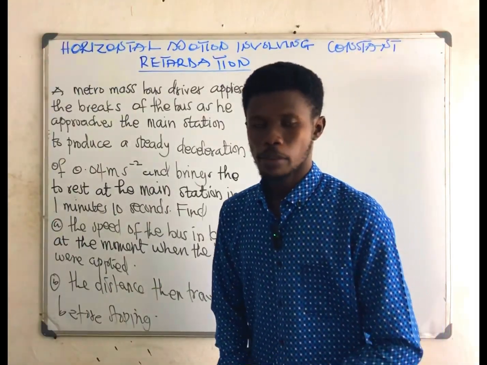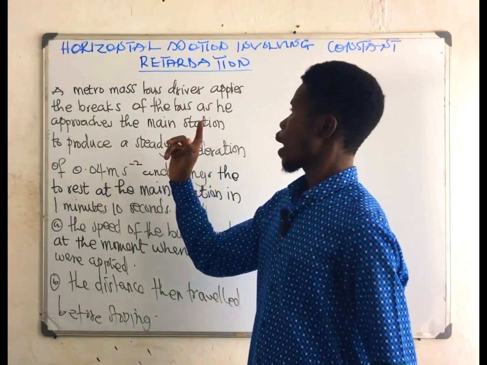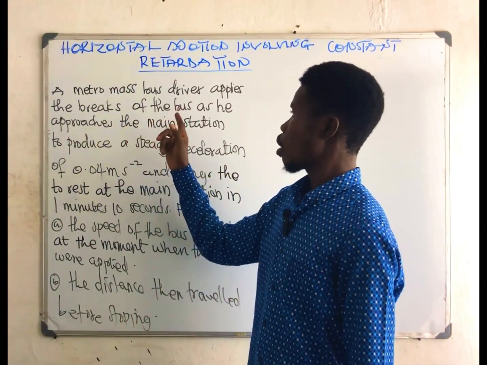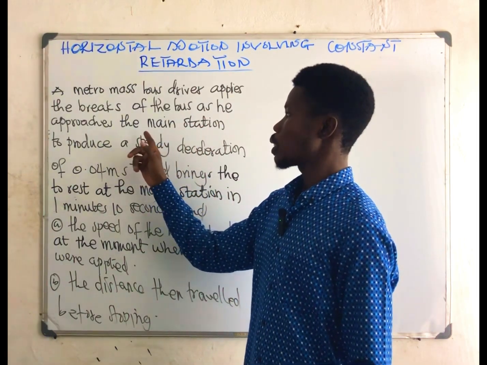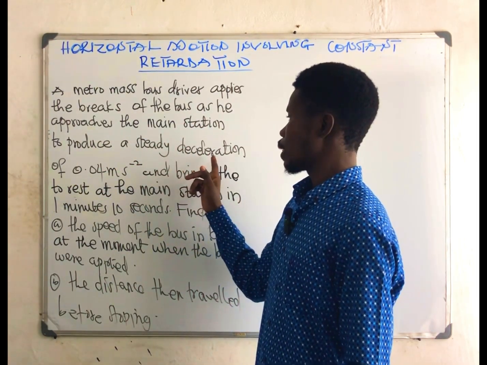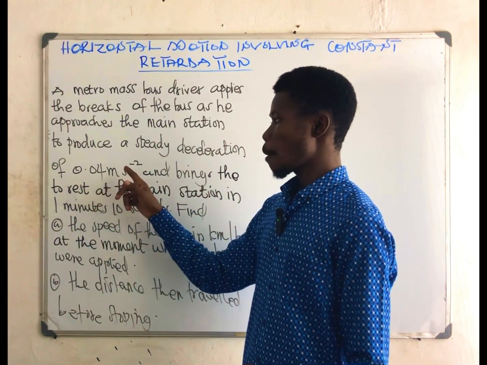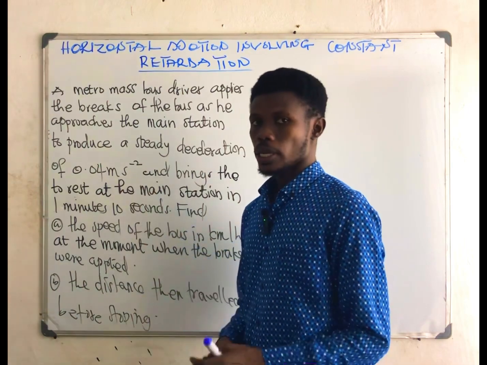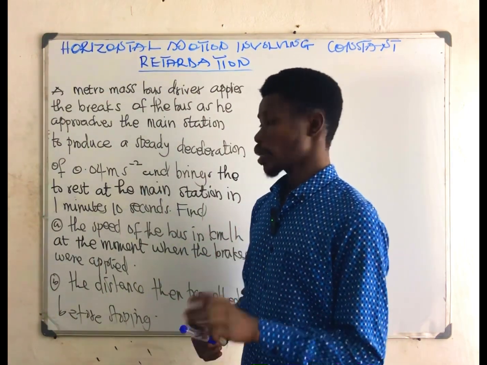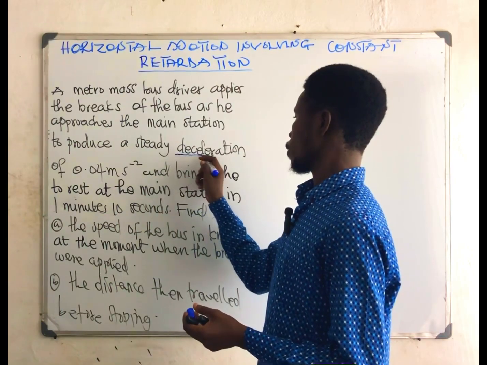First, let's look at our example 1. A Metro Mass bus driver applies the brakes of the bus as he approaches the main station to produce a steady deceleration of 0.04 meters per second squared. Here the question has made it clear that it is deceleration.